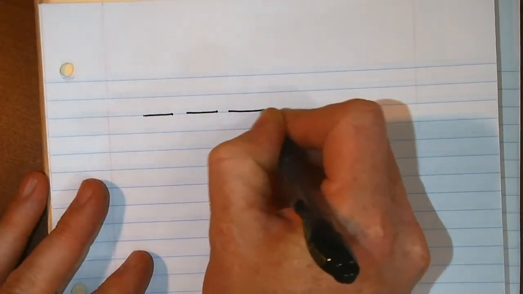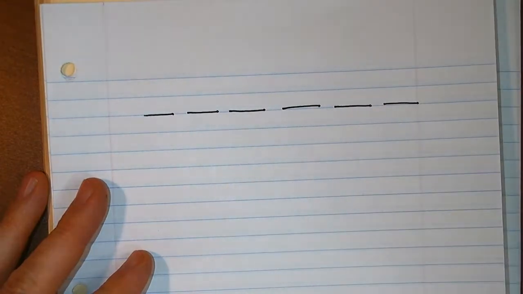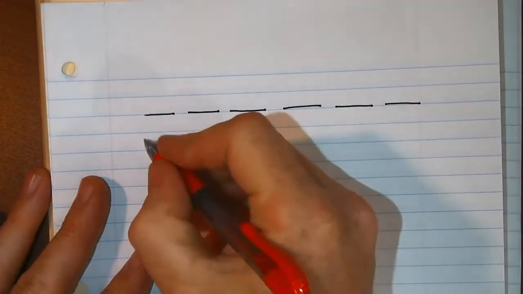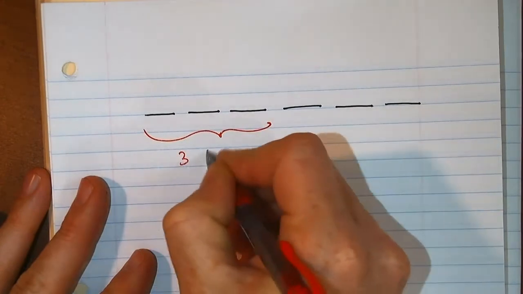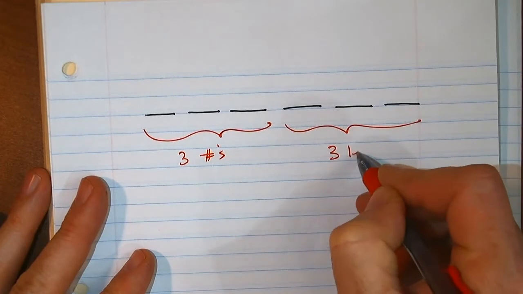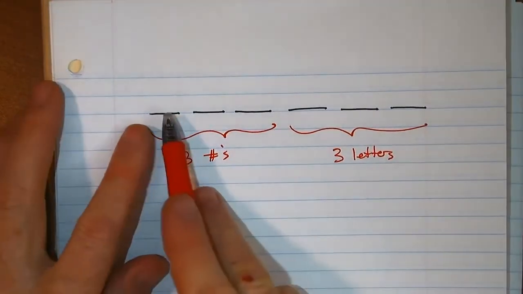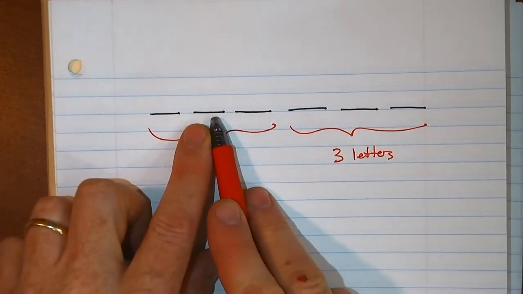Okay. If you recall from our lesson on the fundamental counting principle, what that says is that for every event, and we said our events were going to be picking letters and picking numbers, right? And so our license plate has to have 3 numbers followed by 3 letters. Okay, so our first event is pick a number, and then our second event is pick a number.